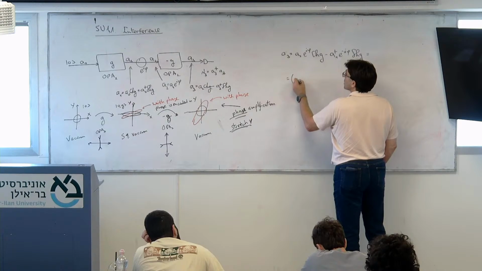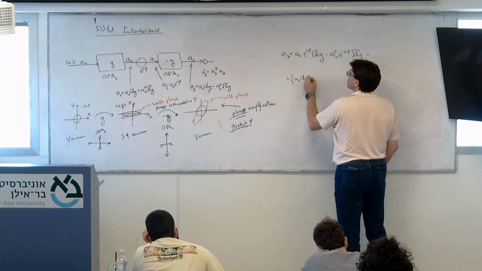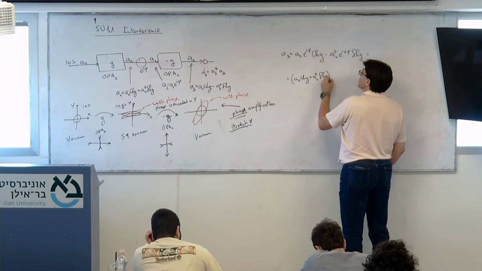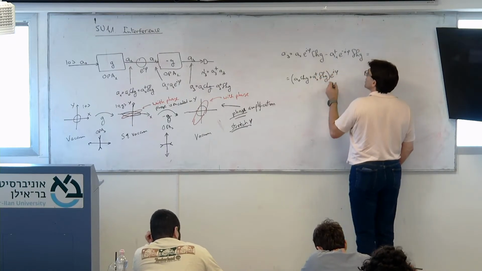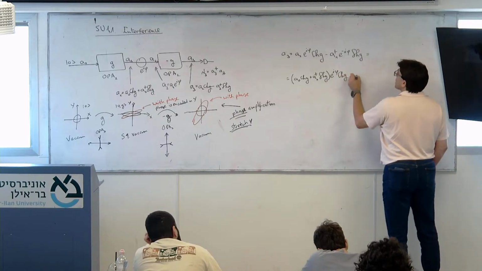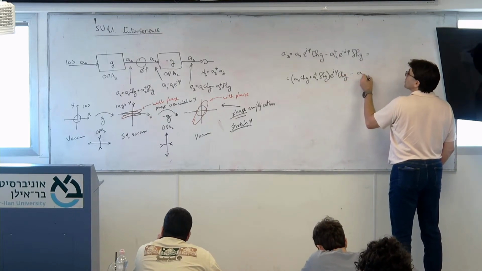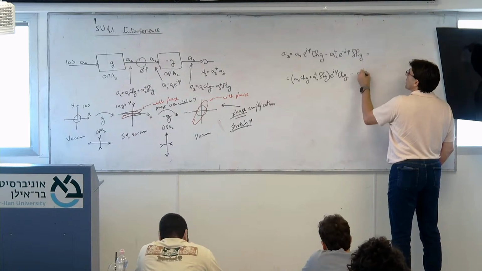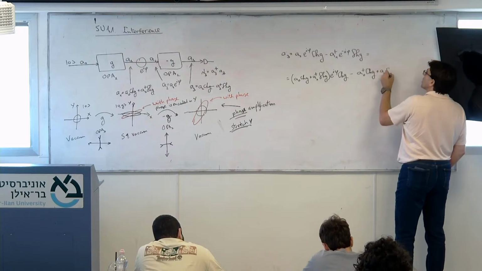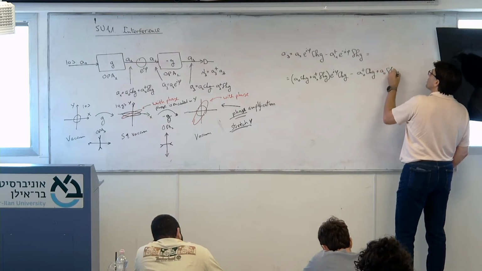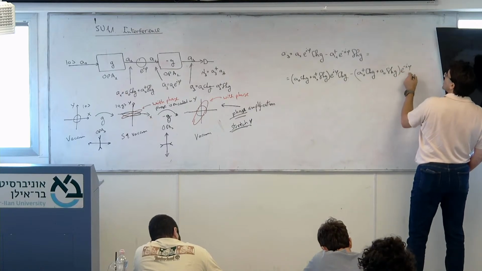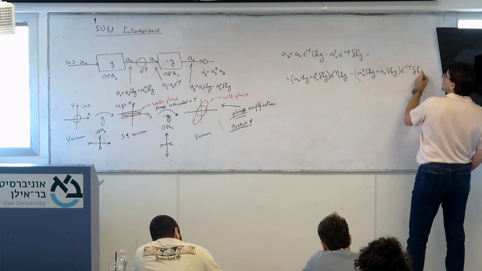So this equals A0 hyperbolic cosine g plus A0 dagger hyperbolic sine g, times e to the i phi times hyperbolic cosine g, minus A0 dagger hyperbolic cosine g plus A0 hyperbolic sine g, times e to the minus i phi times hyperbolic sine g.